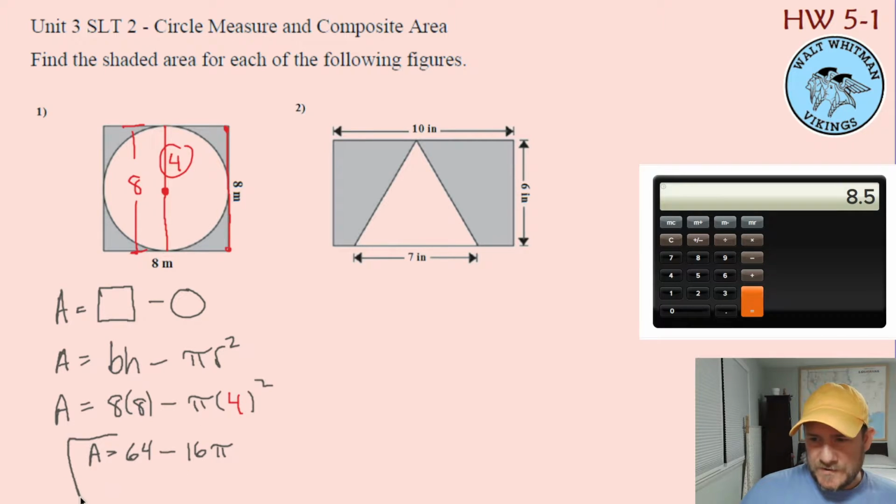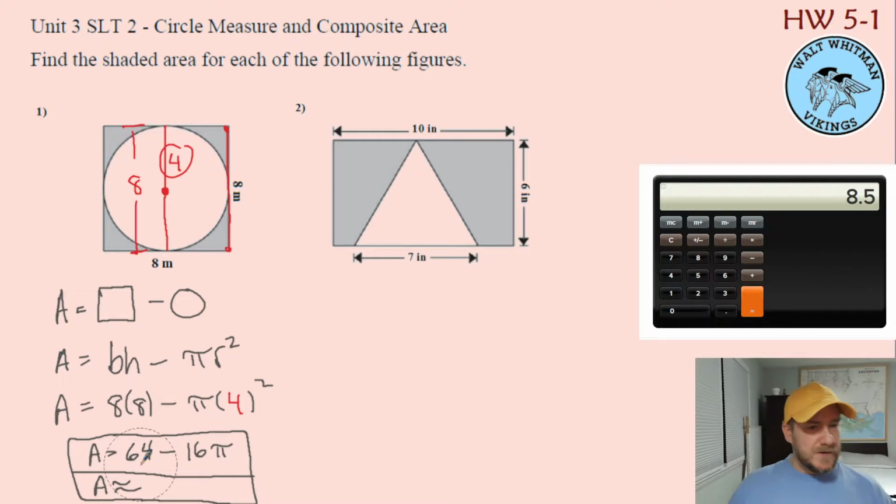Again, on the quiz, I'm going to ask you for both. I'm going to ask you for the exact answer that still includes pi, and I'm going to ask you for the approximation. So of course for the approximation we got to go back to our calculator. Clear everything. How do I do this on an old calculator?